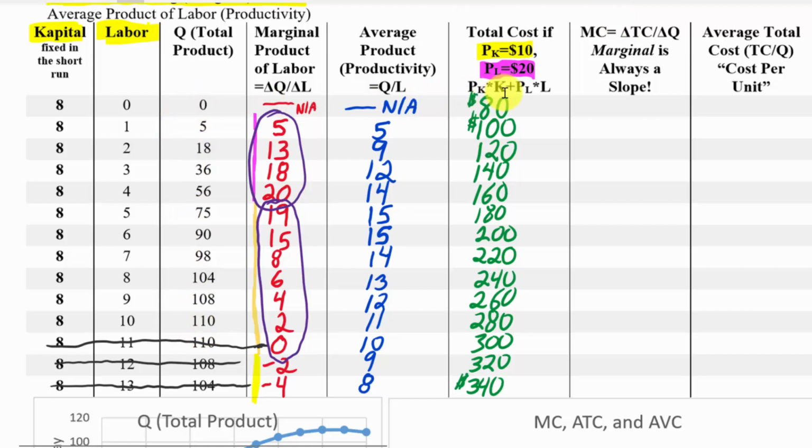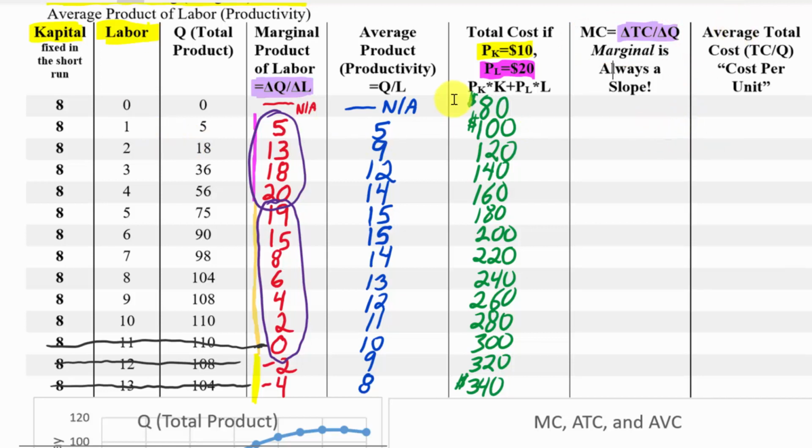What we're going to have to do is figure out the marginal cost in a similar way to how the marginal product is change in quantity over change in labor. It's a slope. Marginal cost is also a slope. It's change in total cost divided by the change in output. That gives us an idea of how much each individual unit is costing as we produce it.